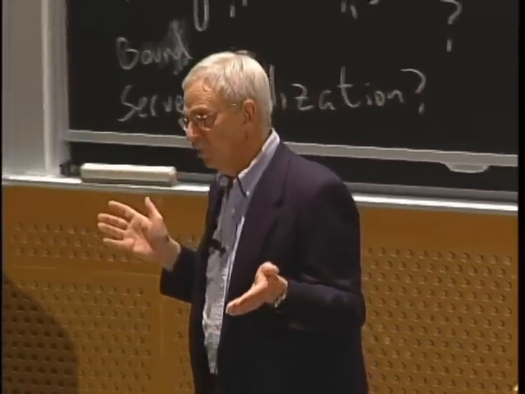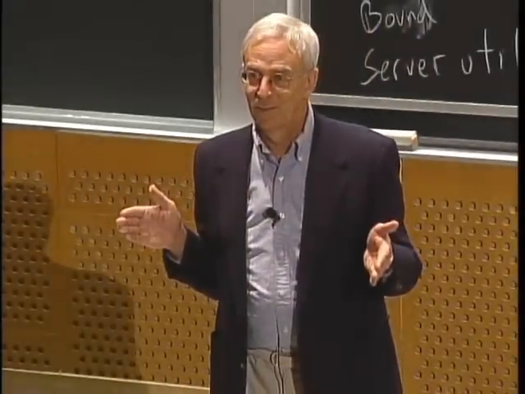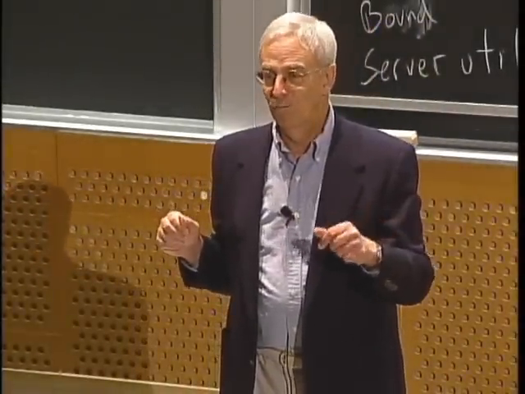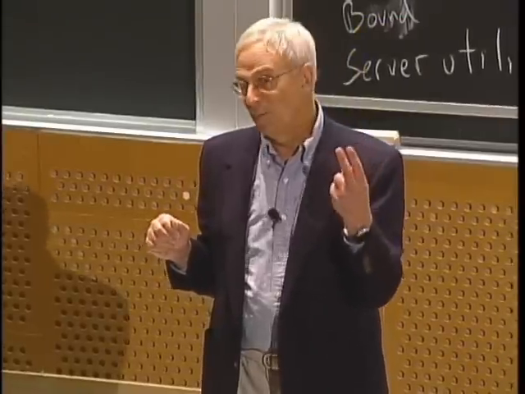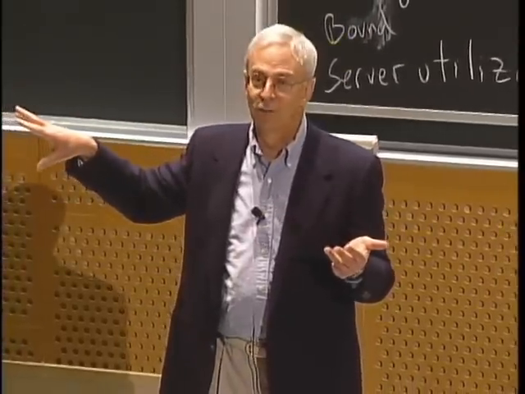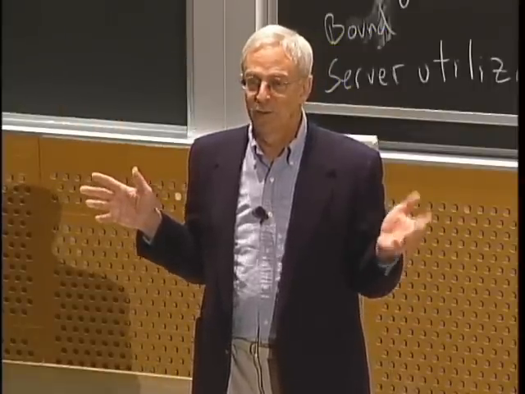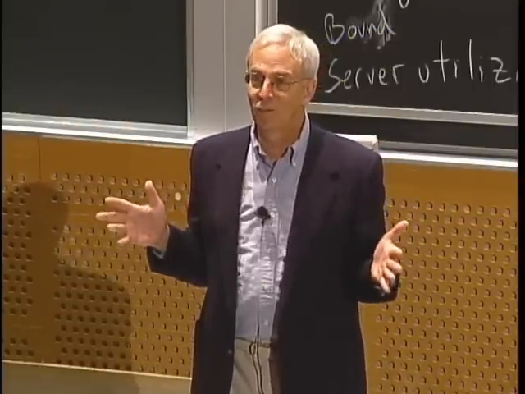Now, suppose each of those 9 jobs only took 1 minute. Well, the first job would wait 0, the next job would wait 1 minute, the next job would wait 2 minutes, and even the longest job would only have to wait 9 minutes before it started. So the total amount of time spent waiting would be much less.